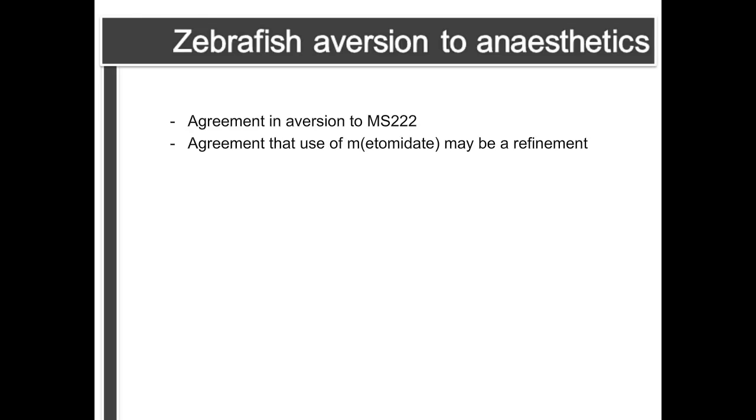So what these articles meant is that they agree on the aversion to MS-222. They agree that etomidate and metomidate may be a refinement, and one of them has the introduction of tribromoethanol as less aversive. You may know it with the brand name Avertin.